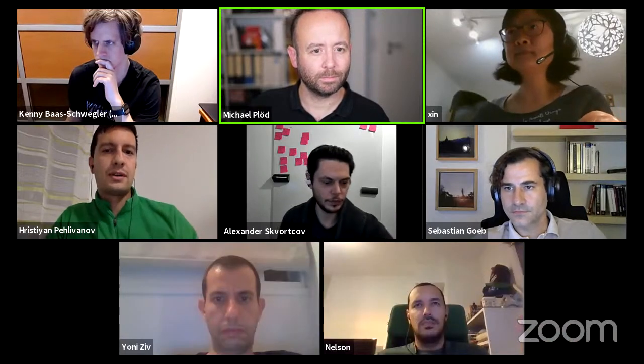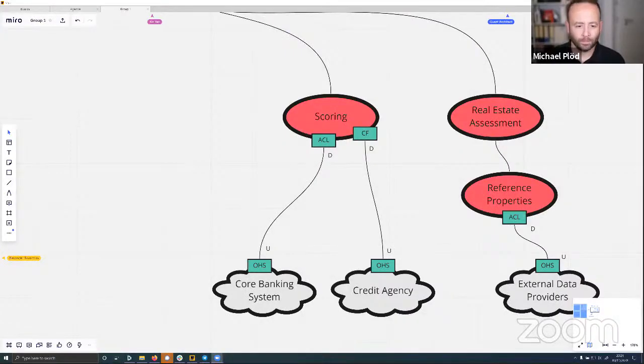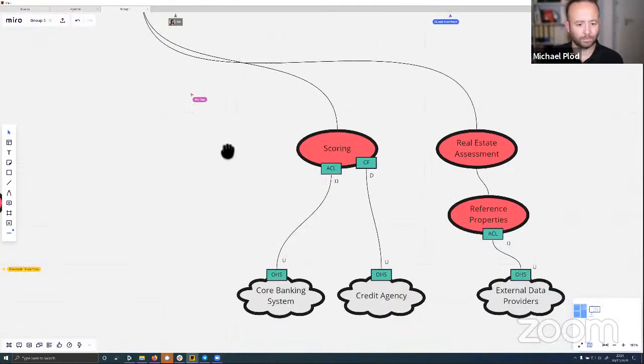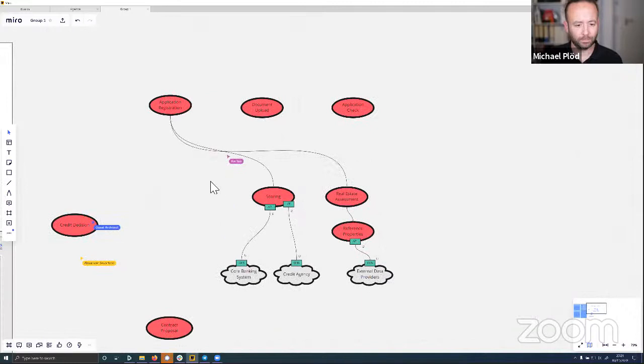So where should we start? The question is, where do we see a need for published language, right? No, the first question was to decide on the relationship between application registration and scoring contexts. Oh, sorry, I missed that part. And then who's upstream, who's downstream, which is kind of tricky.